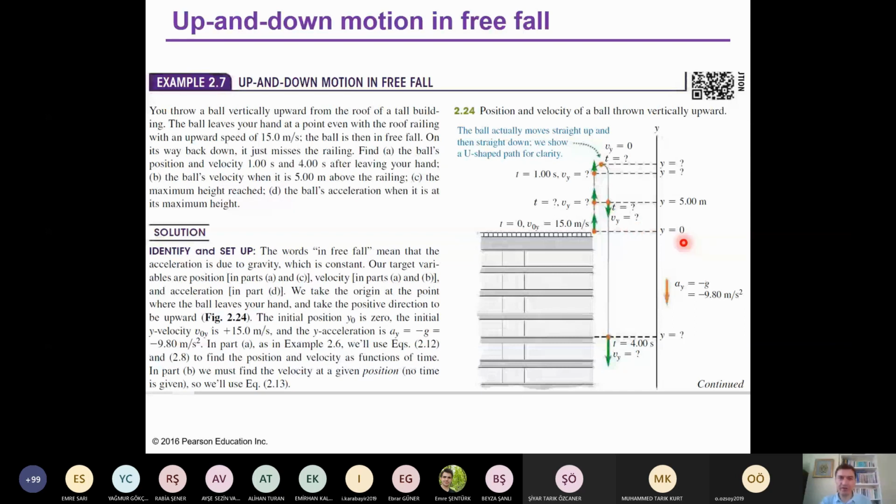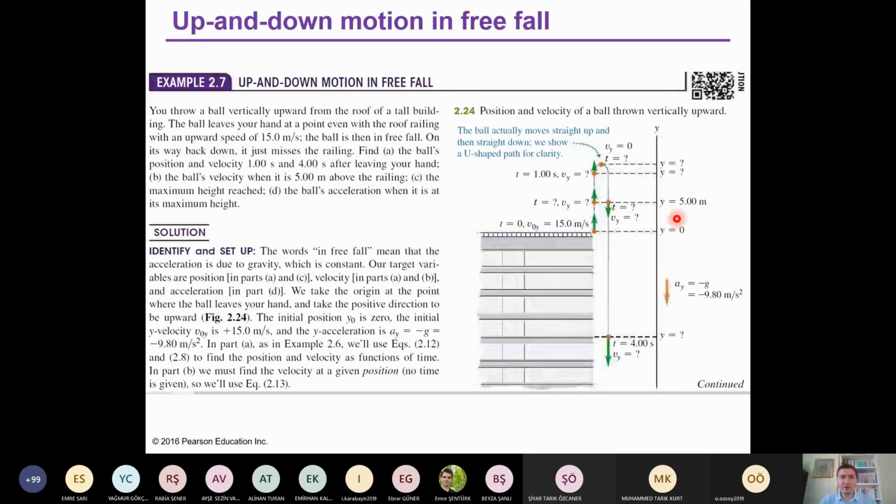What is the velocity when the time is 1 second? What is the time when the velocity is 0 at the maximum height? What is the maximum height? Okay, y is asked. And what is the time when y is 5 meters? What is the velocity when y is 5 meters? These are the known and unknown quantities within the question.